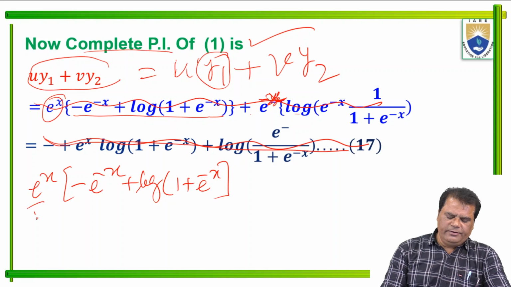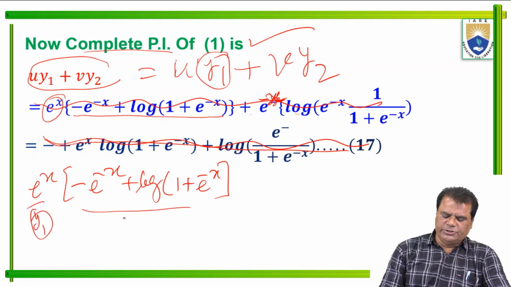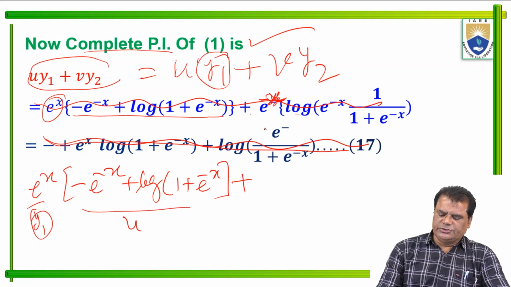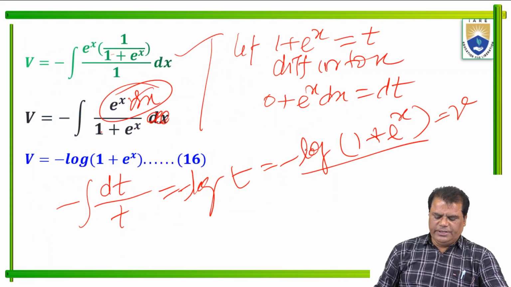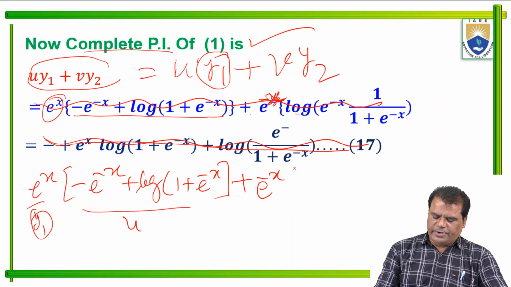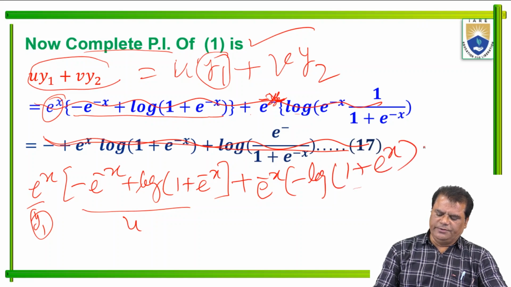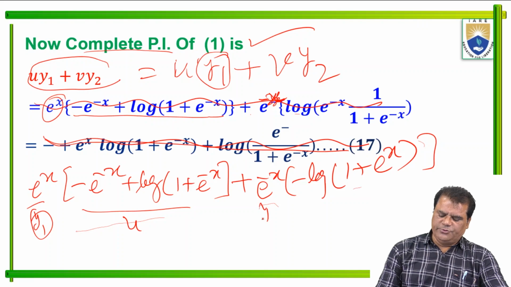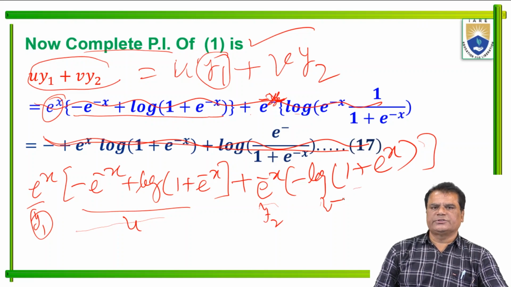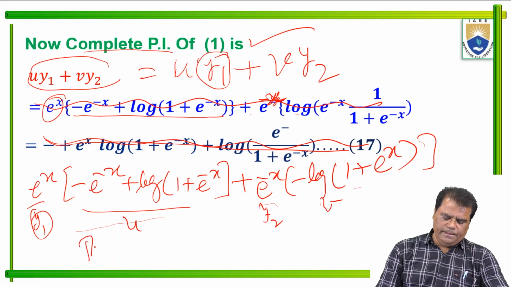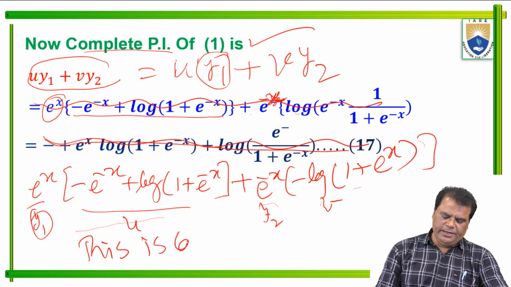This is y1 and this is u. And plus this is y2, e to the power minus x, and this is v. v is minus log 1 plus e to the power x. So this is y2 and this is v. So u y1 plus y2 v. This is the complete PI.